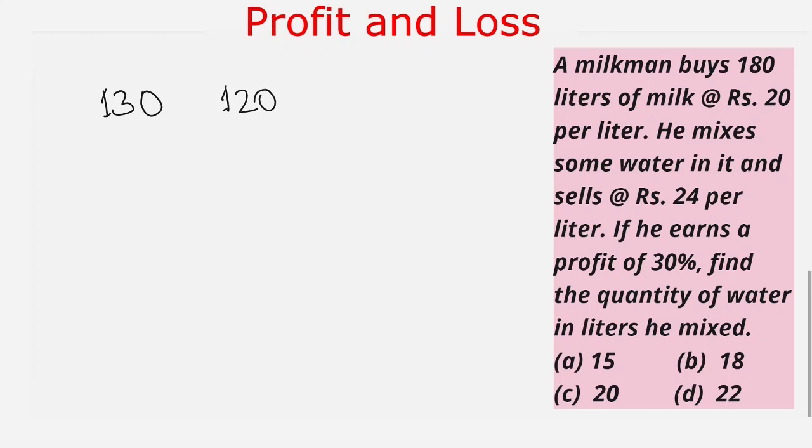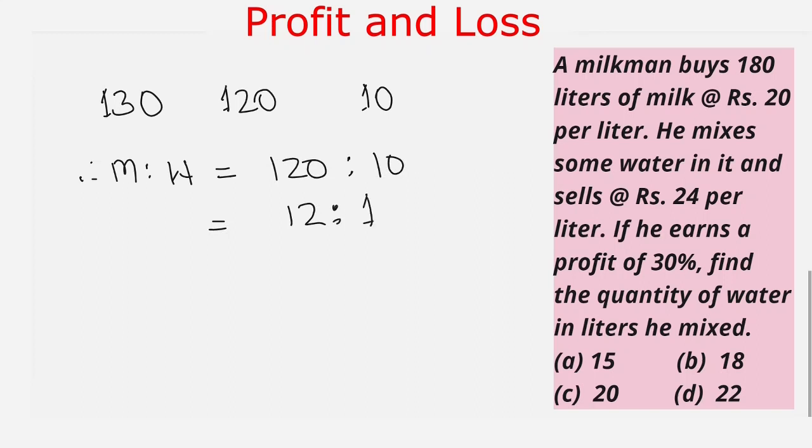But the actual money received is 130. Therefore 130 minus 120, which is 10, is received for water. Therefore milk ratio water equals 120 ratio 10, or 12 ratio 1.